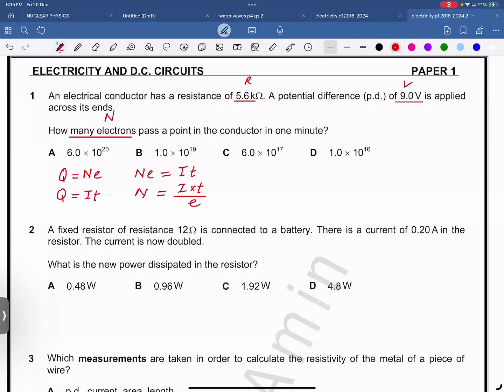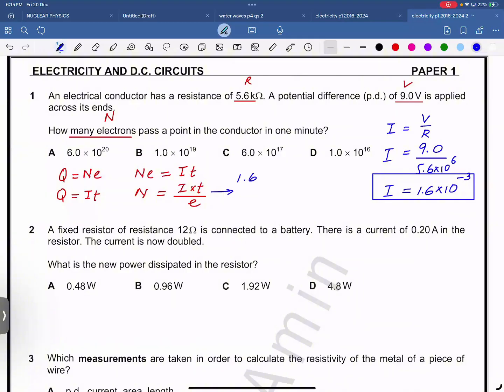So our first task is to get current. So current you can get I is equals to V over R. I is equals to 9.0 over 5.6 kilo. I is 1.6 10 power negative 3. This is the current, my dear. Once you got the value of current, you can substitute here.